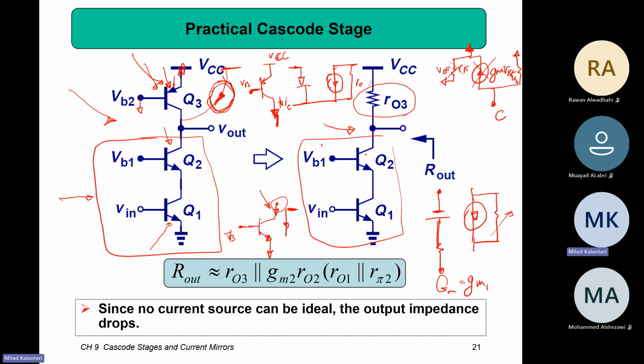It's the same as before. But how about the R out? The R out is the R out of this cascode device in parallel with this RO3. So the final R out is whatever we calculated for the cascode, in parallel with RO3.